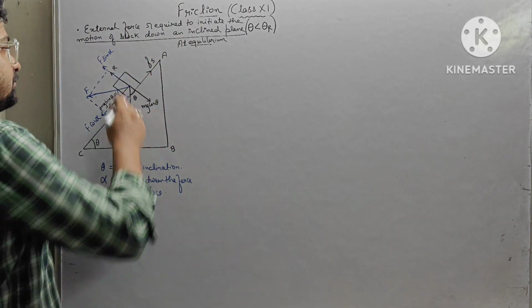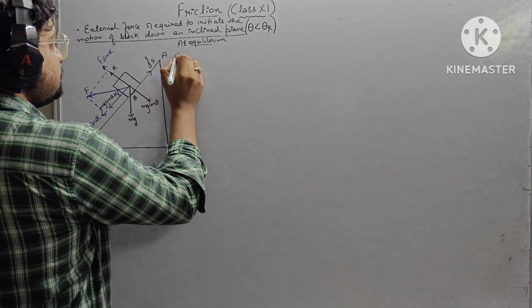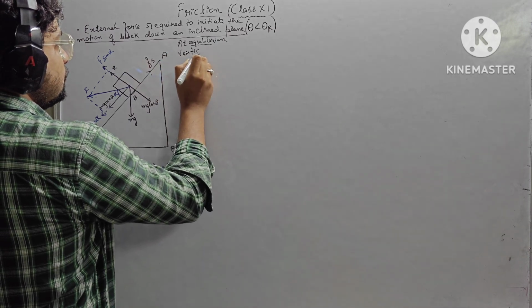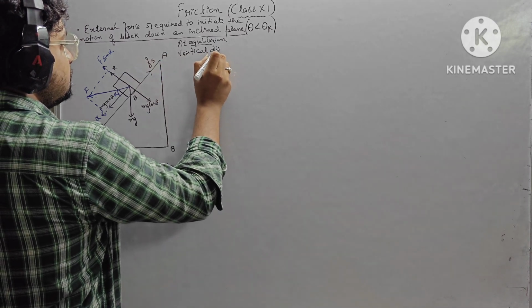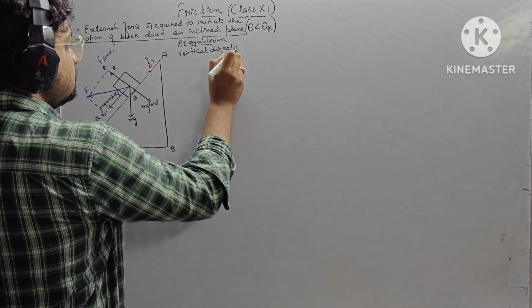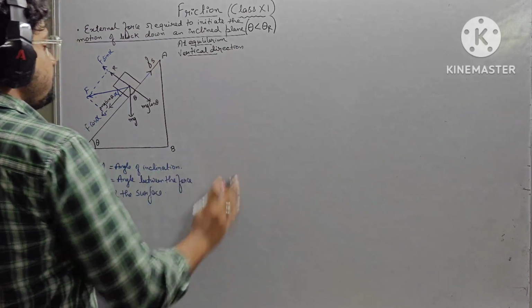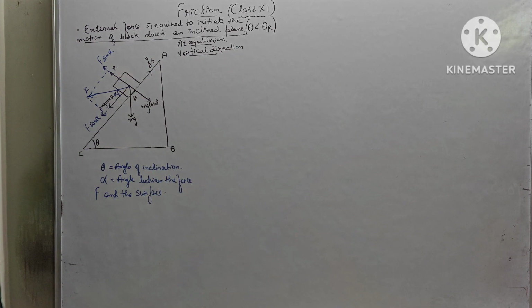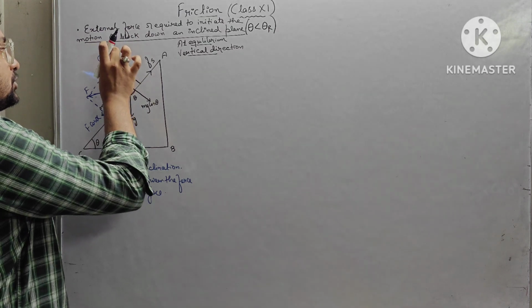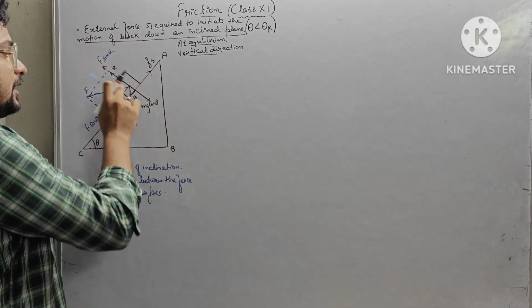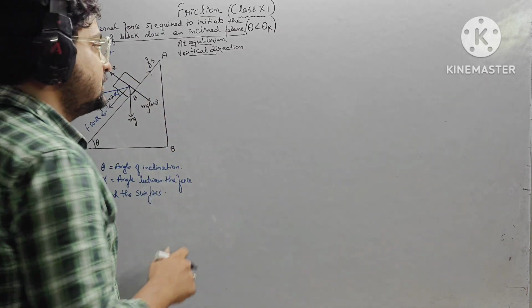So at equilibrium, first see the vertical direction. Okay. So in the vertical direction, you see on this side two forces are acting, F sin alpha and R, and over here mg cos theta is acting.